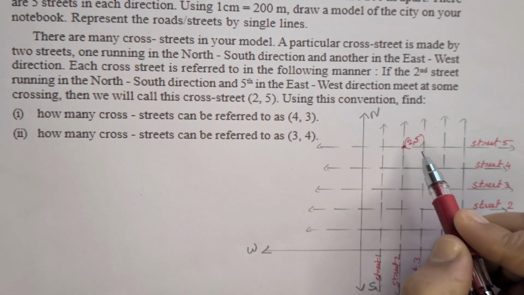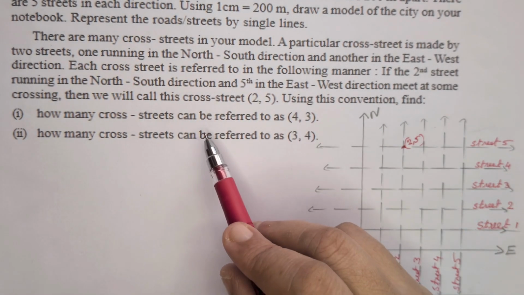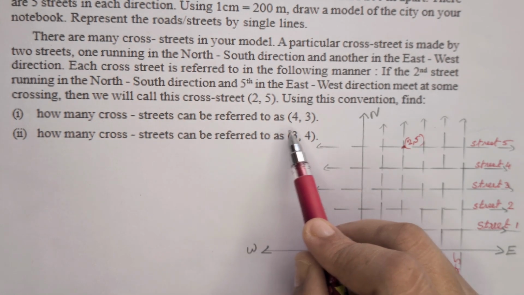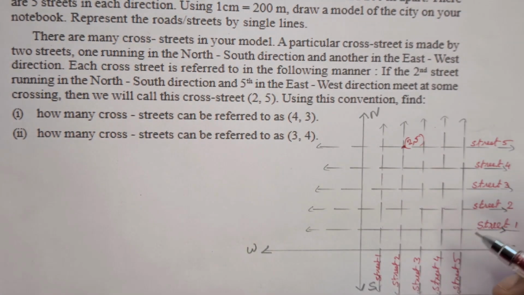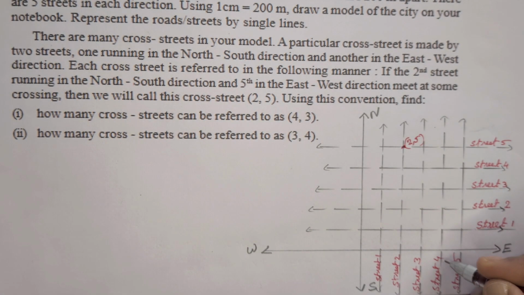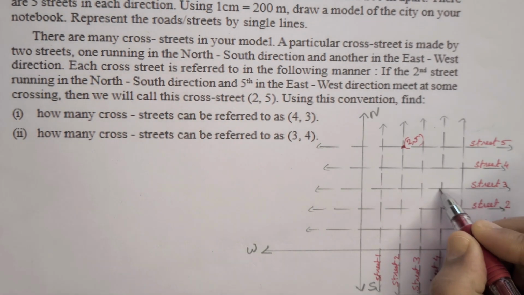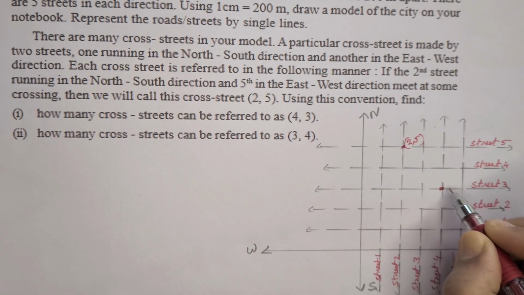Then using this convention, find how many cross streets can be referred to as (4, 3). (4, 3) means the 4th street parallel to north-south and the 3rd street, this point. (4, 3).